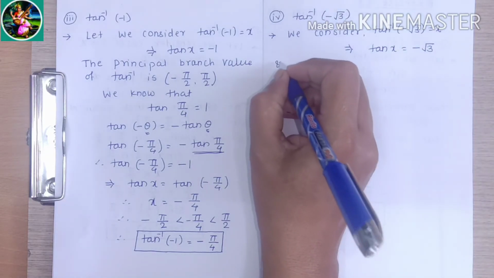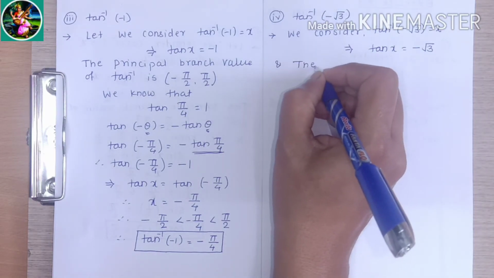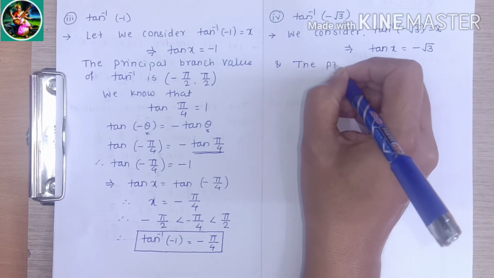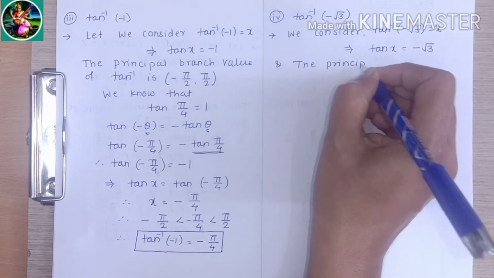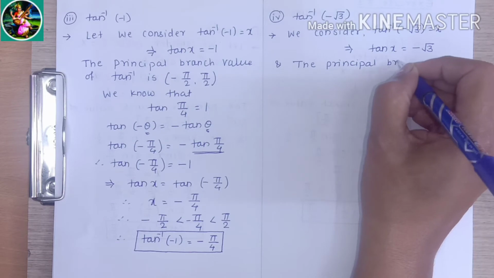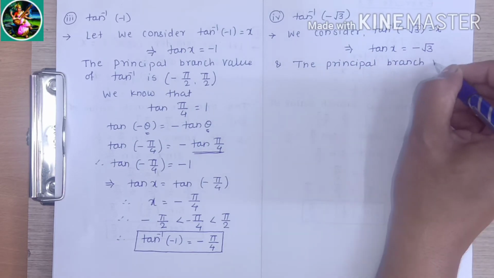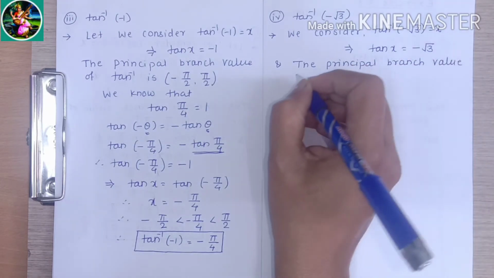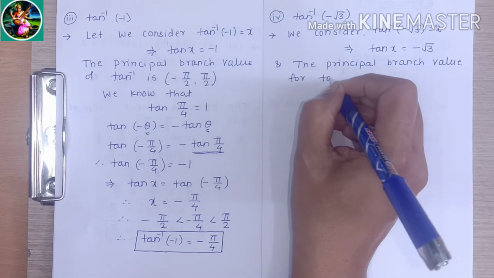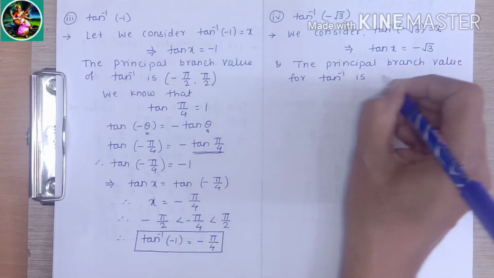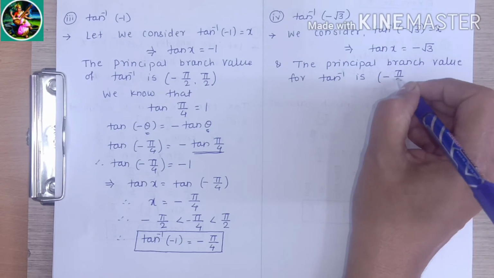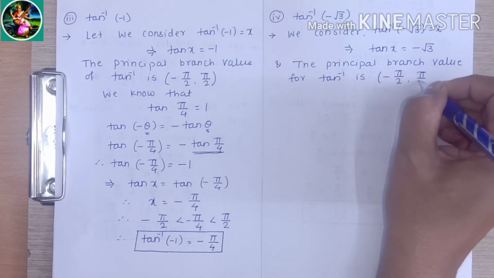And we know the principal branch value for tan inverse is the open interval minus pi by 2 to pi by 2.